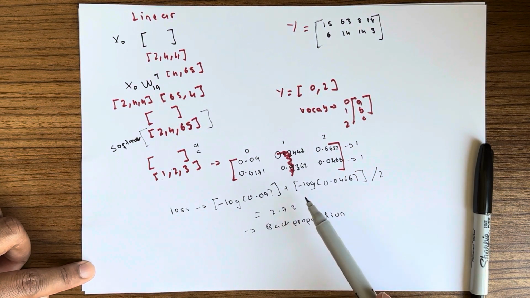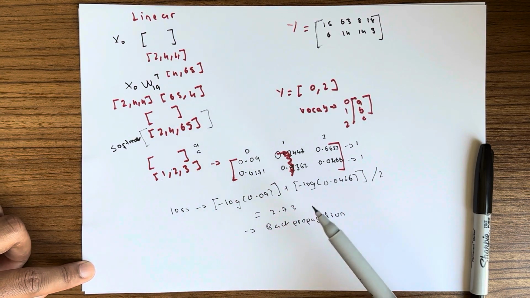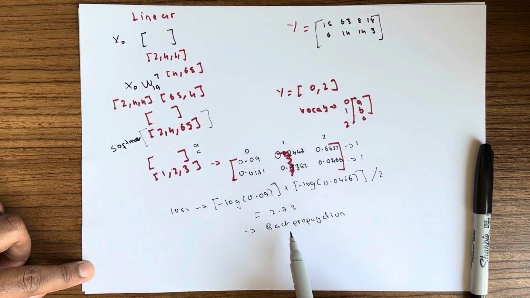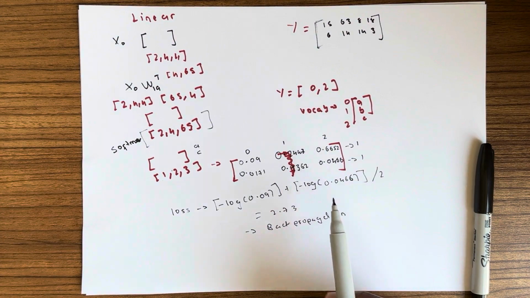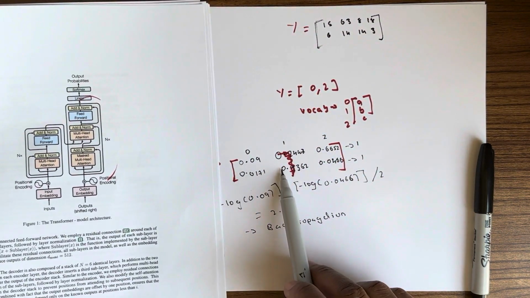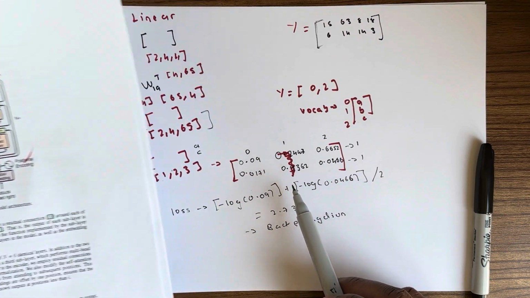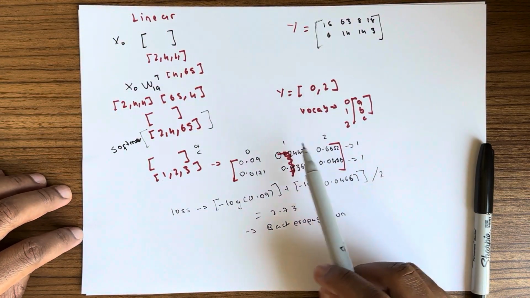A loss will be calculated, then back propagation, then a new batch. This is how the process works. I think we are done.